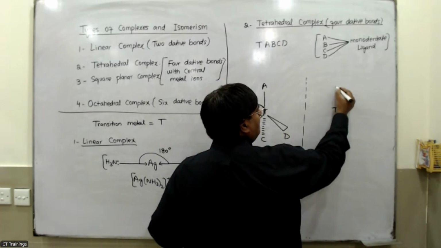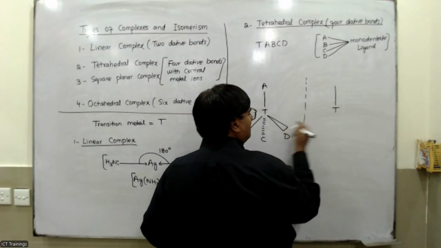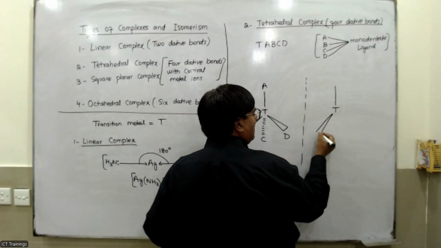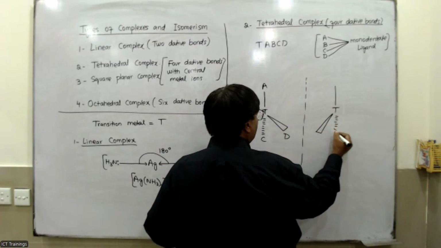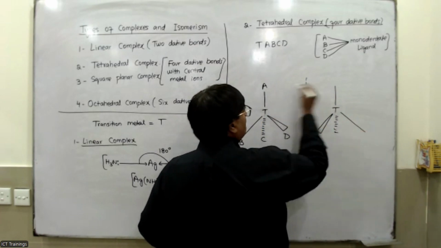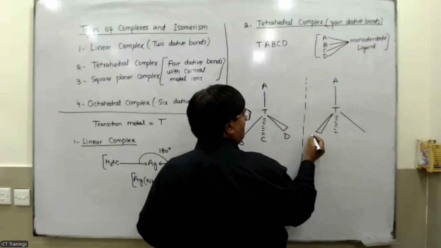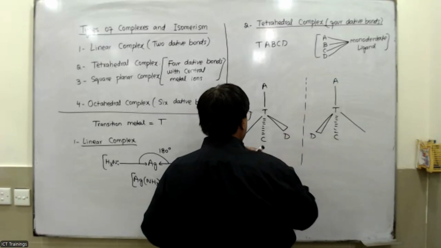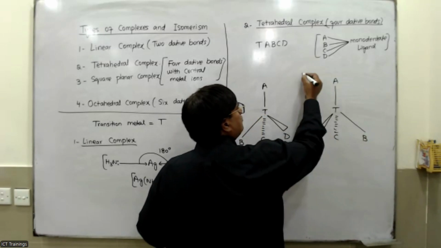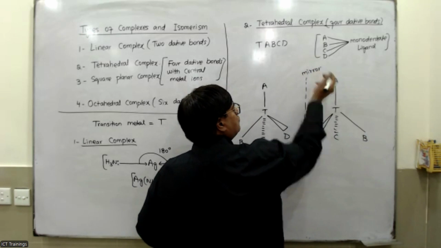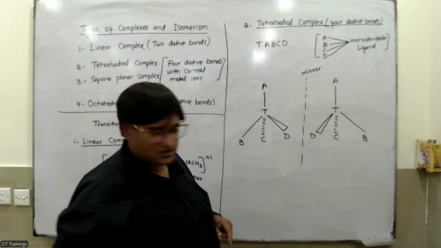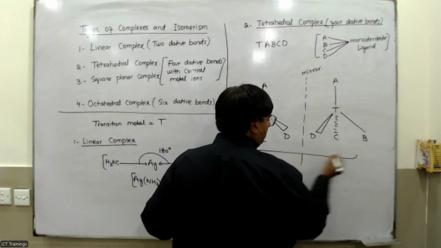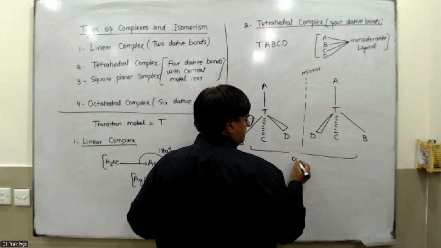One line is up here, the triangle would come on that side, this is a dotted line, and this is a straight line. So this is A, here it would be B, this one would be C, and this one would be D. So this is the mirror, and both of them are mirror images, so they are called optical isomers.